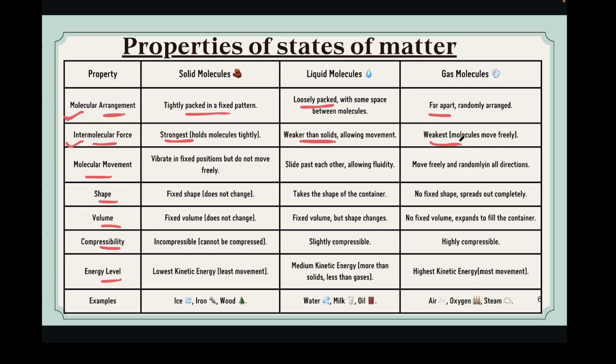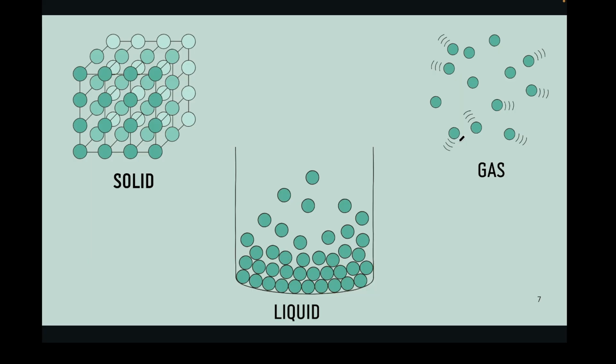This allows gas particles to move freely and spread far apart. So, the strength of intermolecular forces plays a key role in determining the behavior and properties of matter in each state.